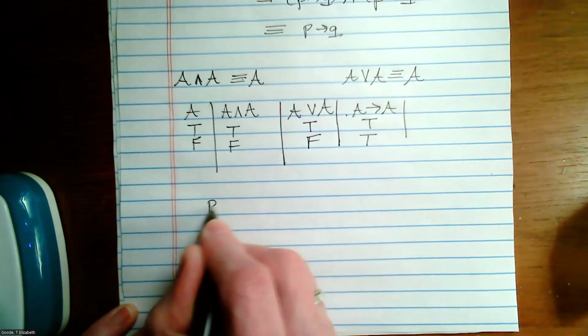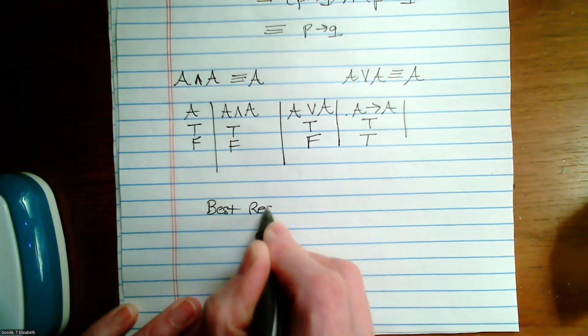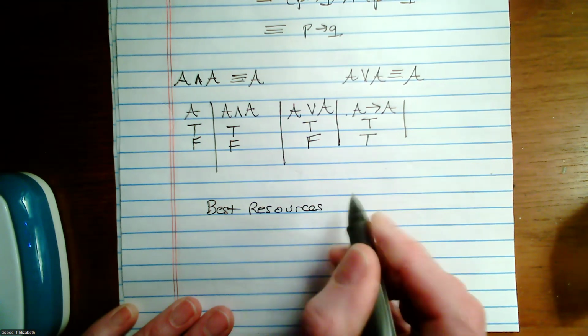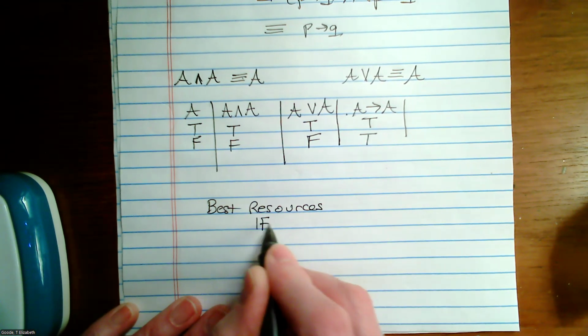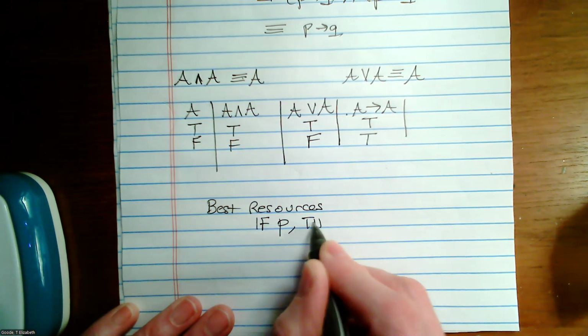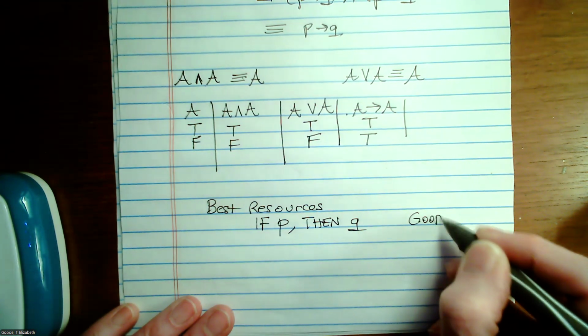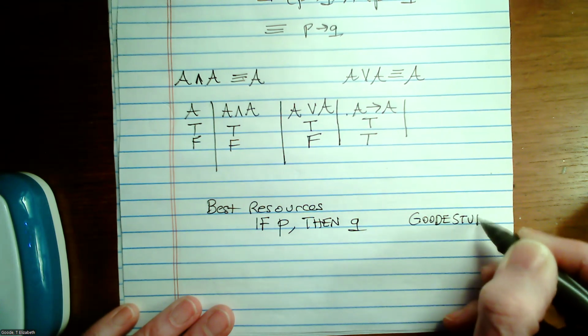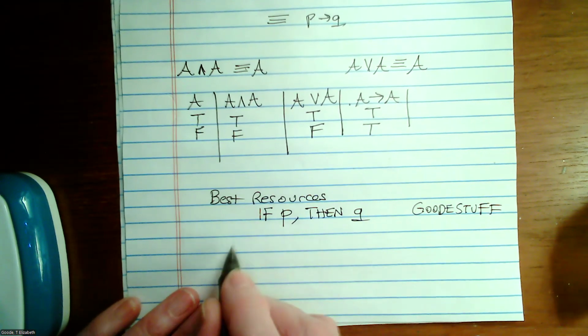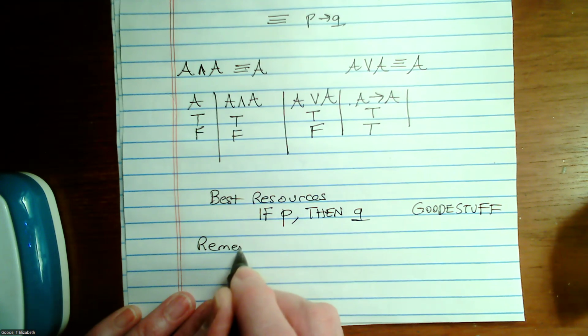I'm telling you, the best resources that we have right now are the if P then Q document in the good stuff folder. Like that's a ready reference. And then just remember a few things.